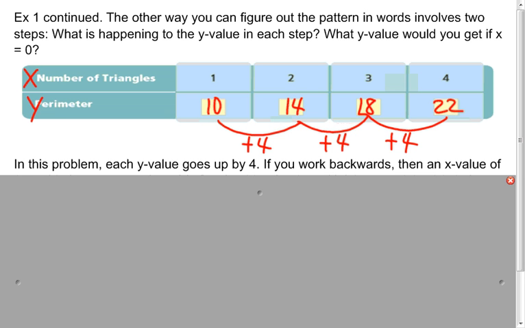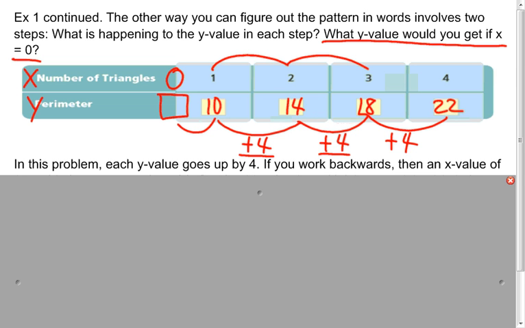Now, it says what y value would you get if x equals 0? If I make my x values go up by 1, from 1 to 2 and 2 to 3, that means my y values are increasing by 4. Well, what if I wanted to figure out what went with a 0? What number would go in that box? Instead of adding 4 as I go to the right, I'm going to subtract 4 to get the one that comes before it.